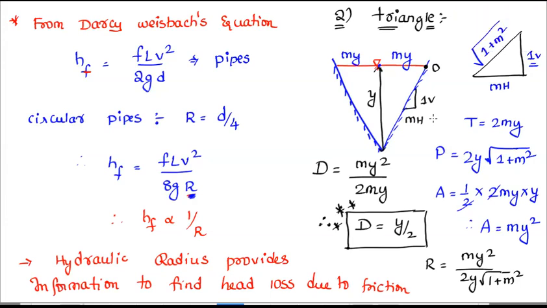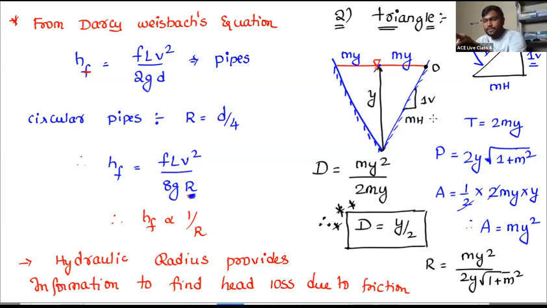For 2 meters of vertical, how many meters of horizontal would be there? Listen to me carefully. For 1 meter of vertical, m meters of horizontal is there. For 2 meters of vertical, how much horizontal would be there? 2 times m.